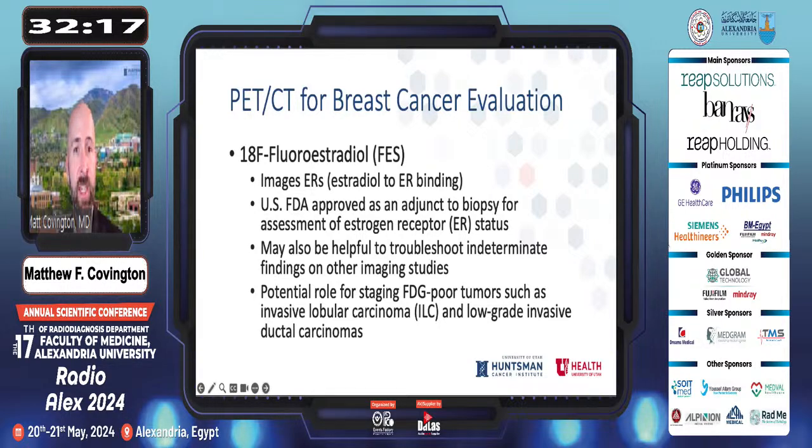Sometimes those don't take up glucose with a lot of uptake. They are not super glycolytically active, and if they are ER positive, fluoroestradiol PET can help us there.